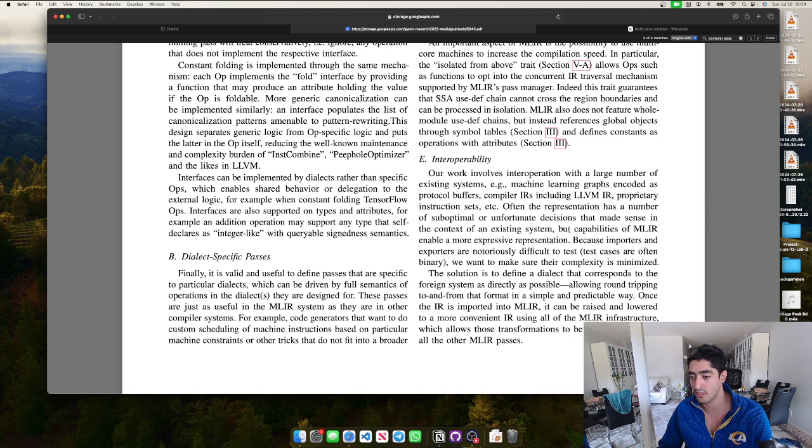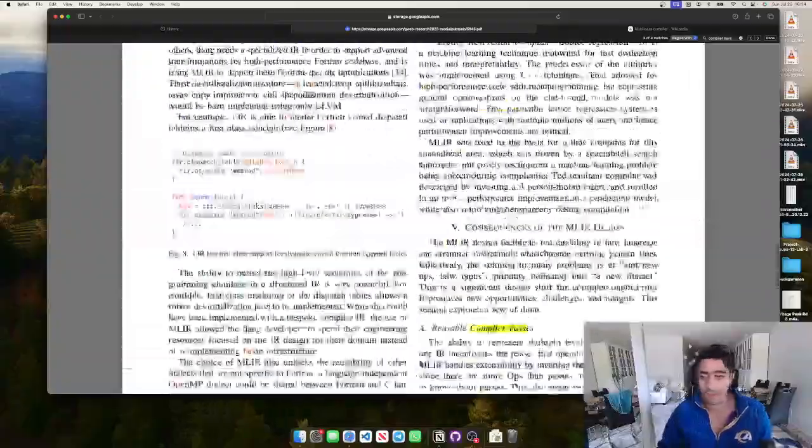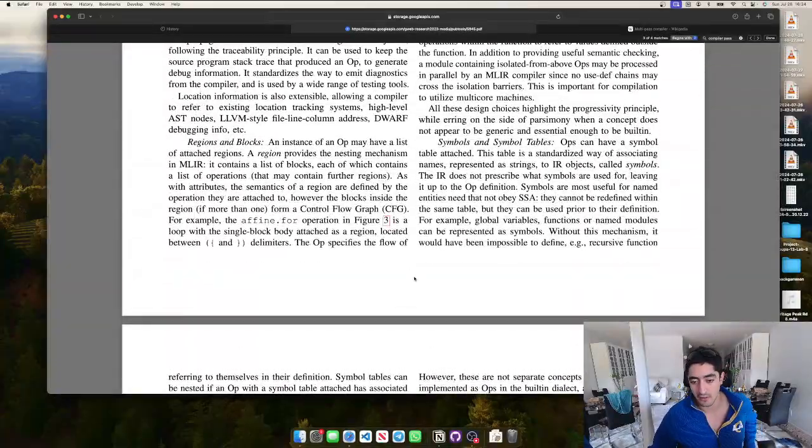We want to make sure their complexity is minimized. The solution is to define a dialect that corresponds to the foreign system as directly as possible, allowing round tripping to and from that format in a simple and predictable way. Once the IR is imported into MLIR, it can be raised and lowered to a more convenient IR using all of the MLIR infrastructure, which allows those transformations to be tested similarly to all the other MLIR passes.